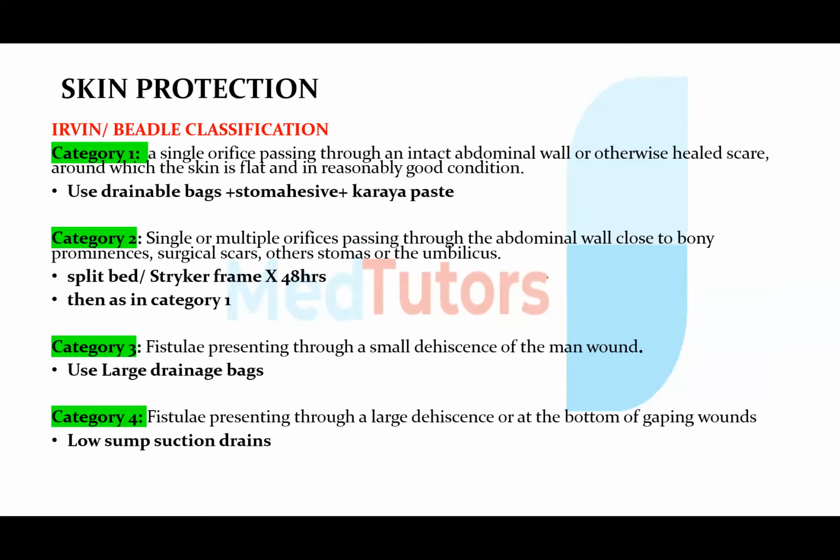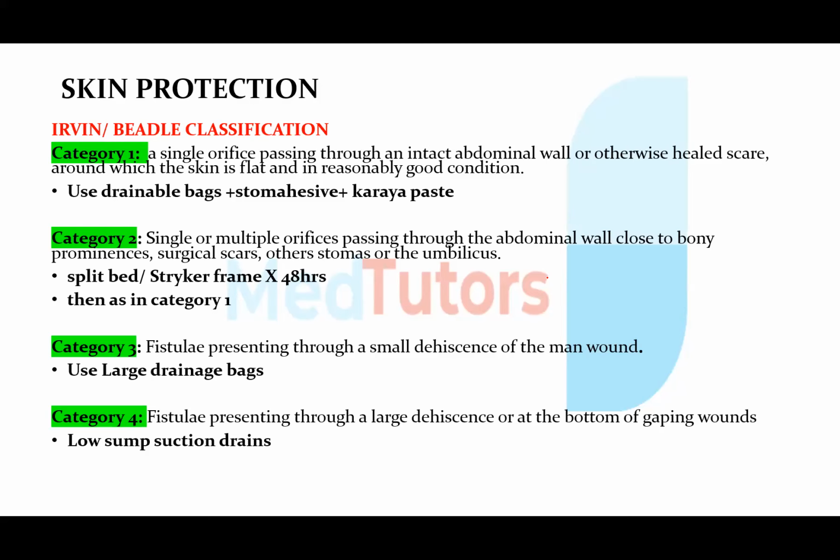So because of the importance of the skin involvement and the complications, the stomas are classified into categories using the Ivenbidal classification. Now, they are categorized into 4, the various types of stoma and the way you might approach such stoma.